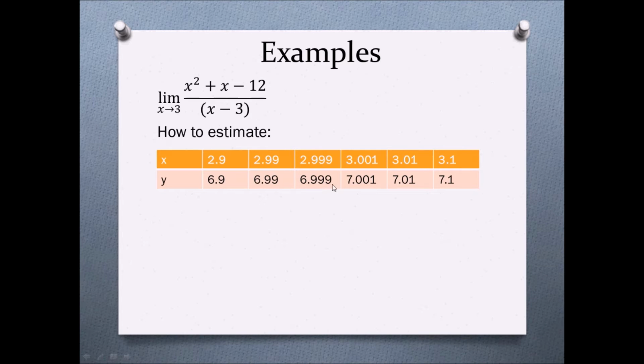I prefer you do it from both sides because it's possible that the function approaches a different value from both sides. But apparently in this case for both sides, the y value is approaching 7. So we can assume that our limit as x approaches 3 is 7.